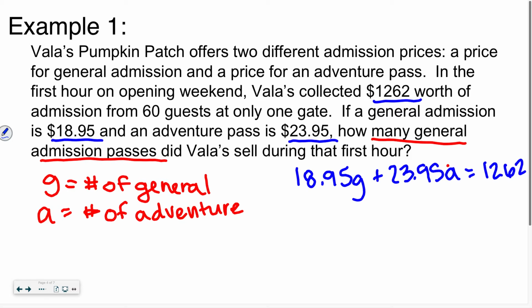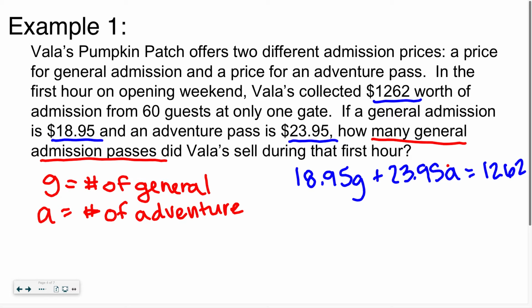The other equation sometimes can be elusive to us, but it's actually a very simple equation, and it happens a lot in these types of problems, where they just make a quick statement about the total number of stuff, whatever your stuff is. In our case, our stuff is our variables, general admission passes and adventure passes.